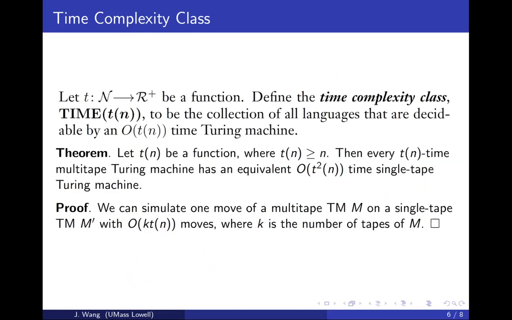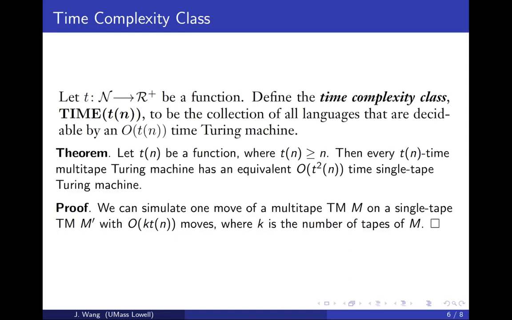It's a function from n to positive reals. So we define the time complexity class, TIME of t of n, to be the collection of all languages that are decidable by a Turing machine that runs in big O of t of n steps. So that's what this means.